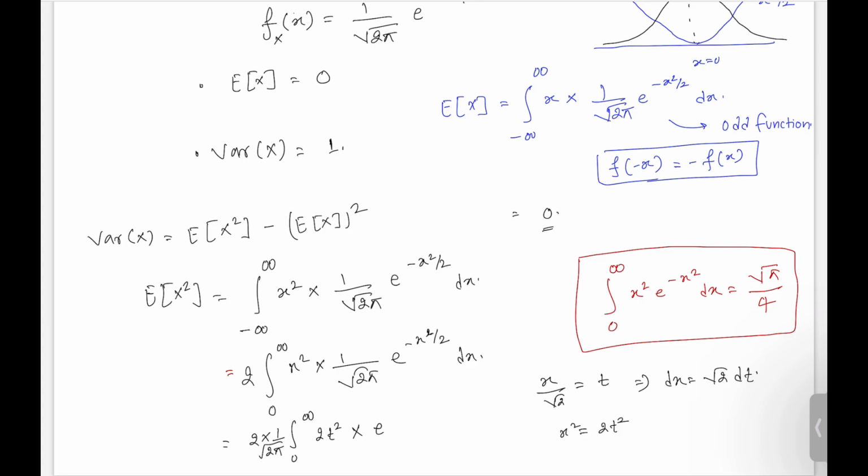Into e to the power minus, this will be t square, right? Because we have assumed this. And in place of dx we will have root 2 dt, so we can put root 2 outside of this integral, and here we will have dt. And we can even put this 2 outside of this integral.